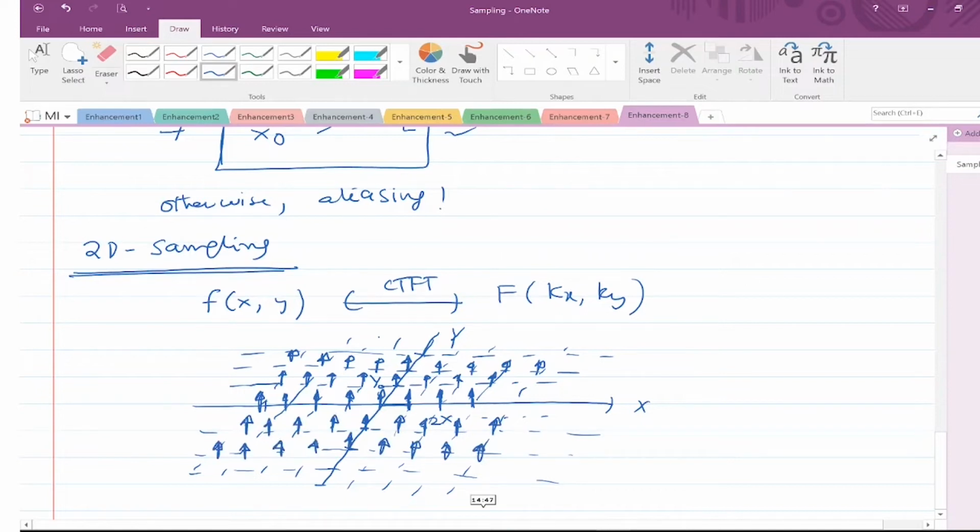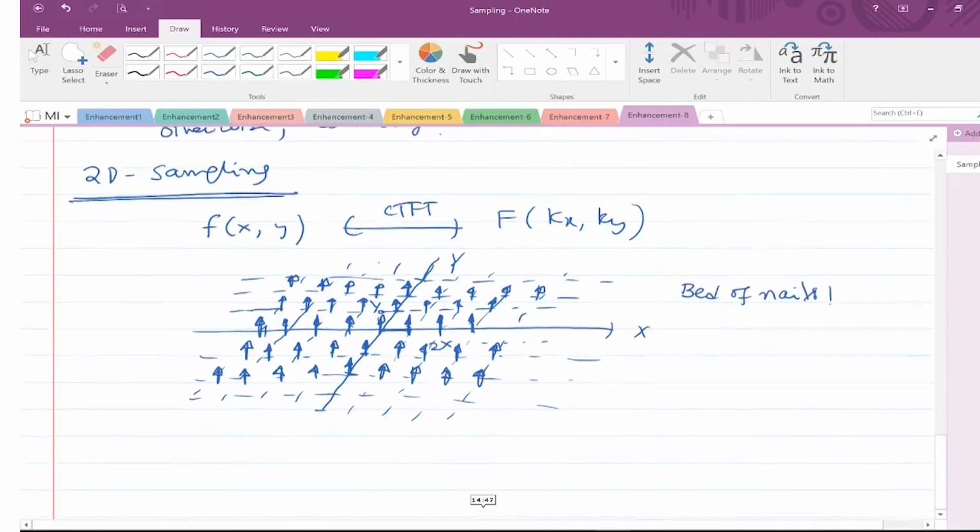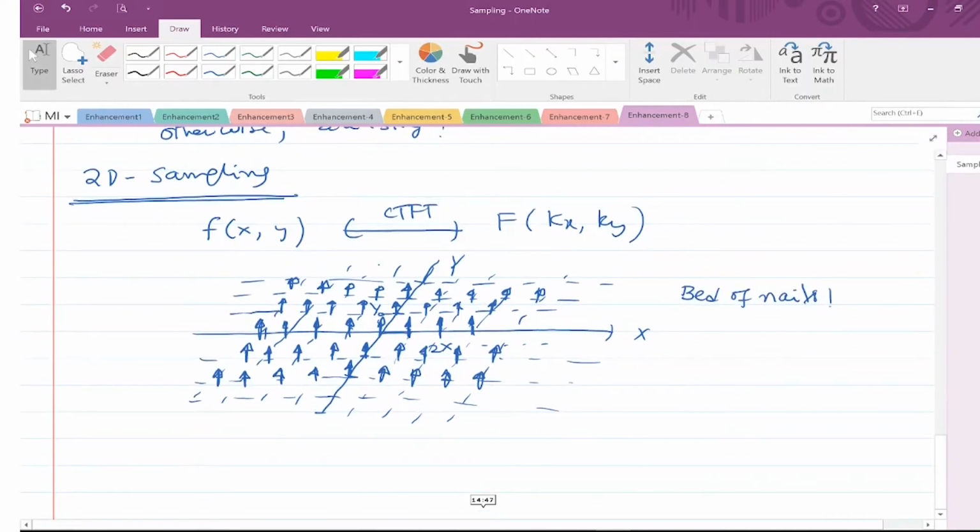So what you have here is a bed of nails, right? So let's write the impulse function for this. How does it look?